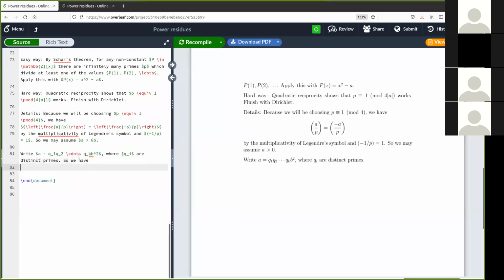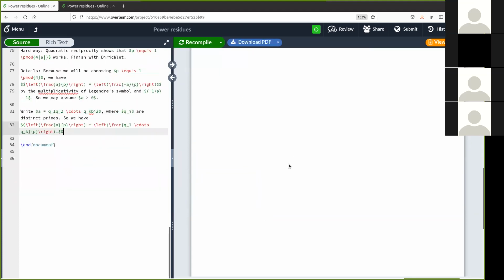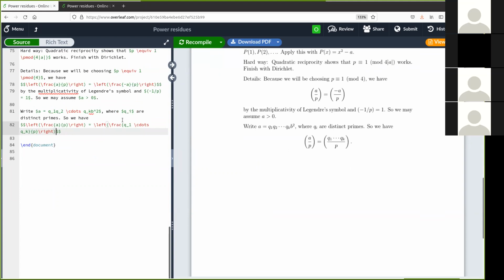So we have the symbol, and then we use multiplicativity.